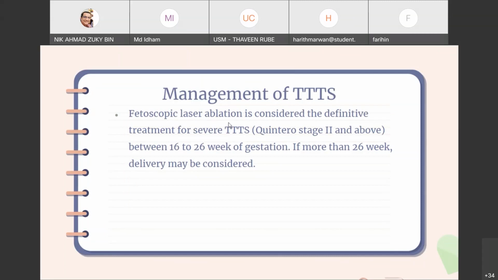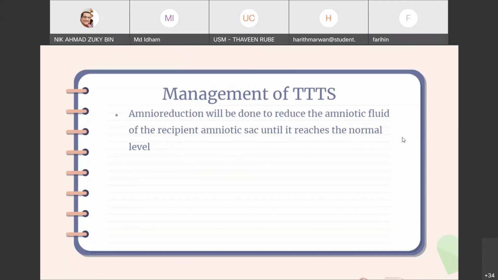If the twins are more than 26 weeks, delivery may be considered for both twins. Amnioreduction will be done to reduce the amniotic fluid of the recipient amniotic sac until it reaches the normal level, because as Farihin explained earlier, one twin will normally have polyhydramnios. So mostly amnioreduction will be done according to the criteria of twin-to-twin transfusion syndrome.